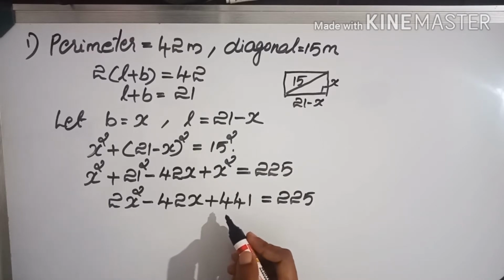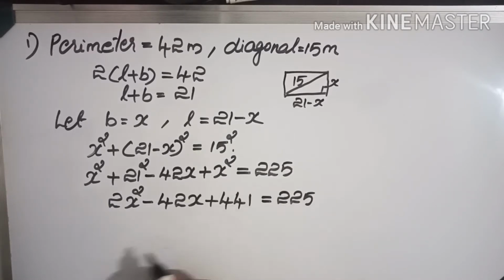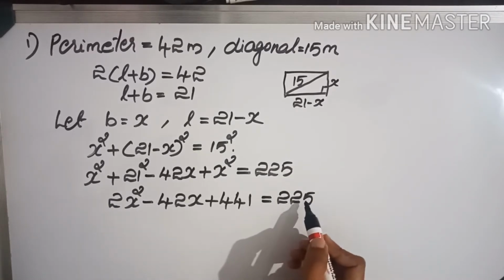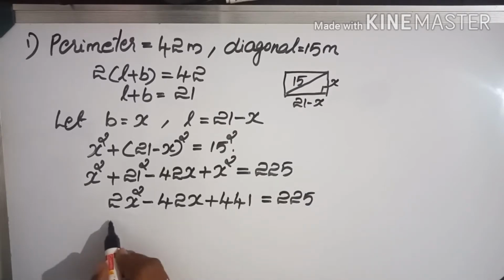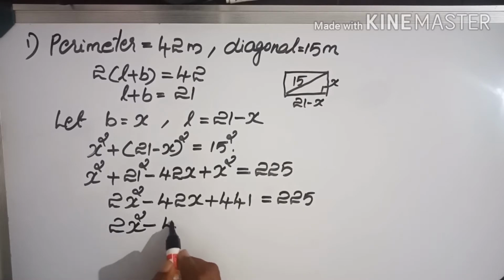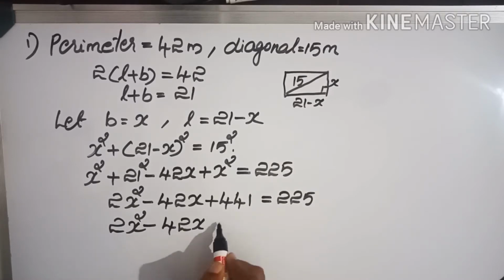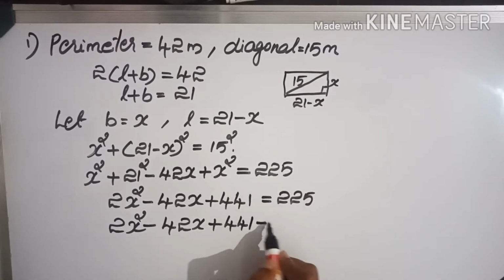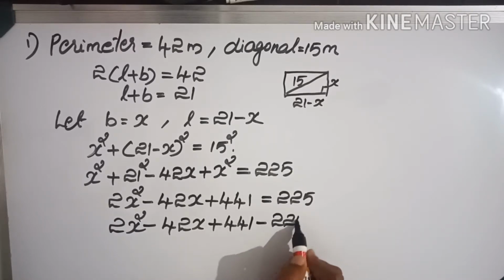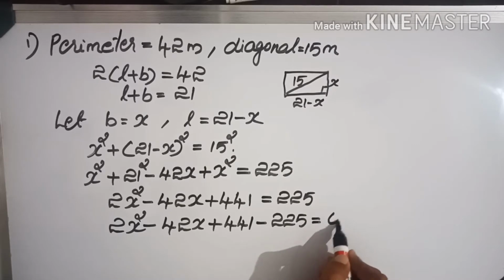In order to apply that equation here, we need equal to 0. So for that let's take this 225 to this side. So the equation becomes 2x square minus 42x plus 441 minus 225 equal to 0.